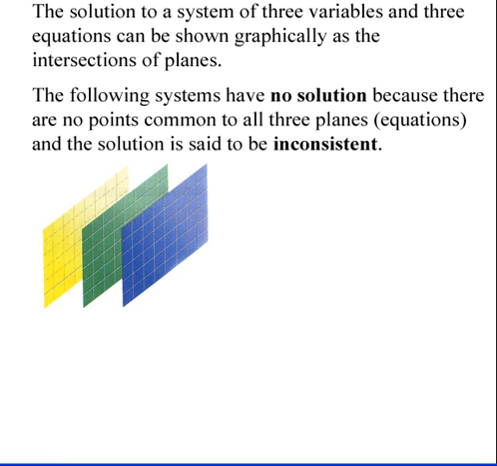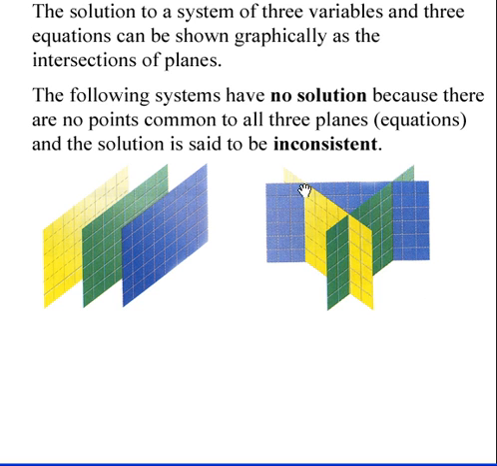So what we're going to do is look at a couple of pictures of what could happen visually. Here are three equations, each one representing a plane. They're all parallel to each other. There is no one common point to all three planes, so there would be no solution, and we would say that that is inconsistent. Another scenario is that you can see the blue and the yellow plane intersect.